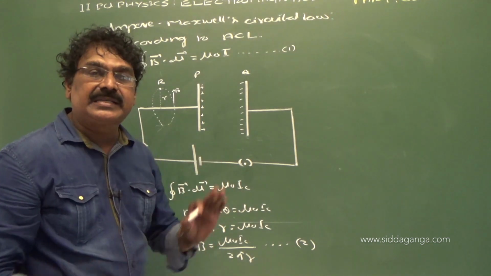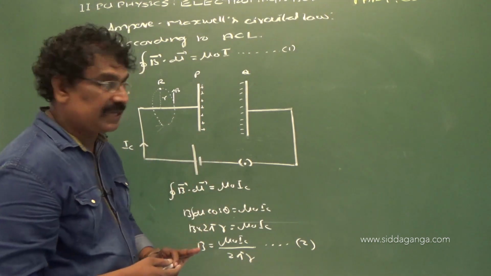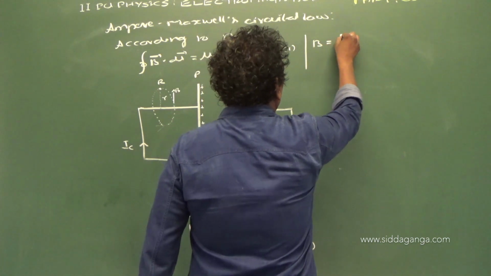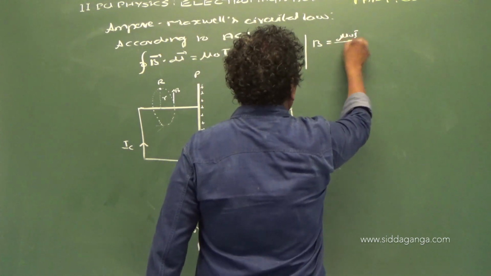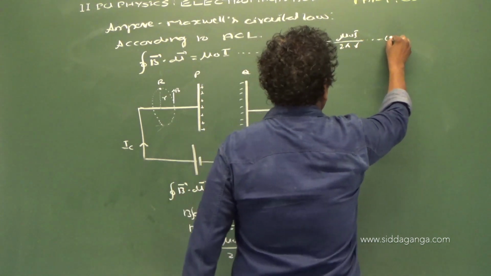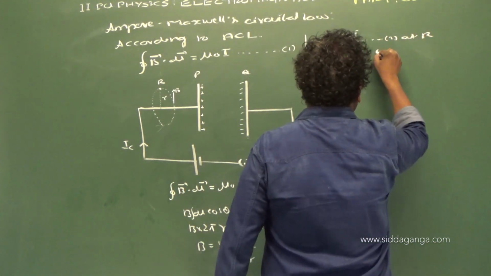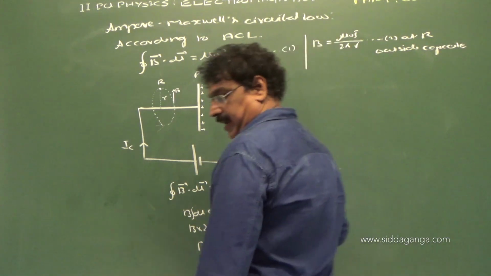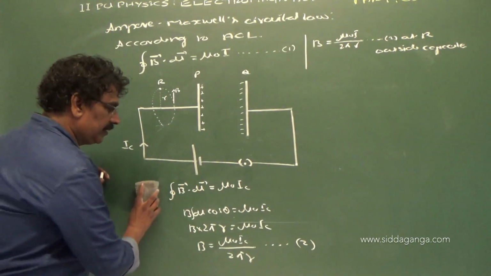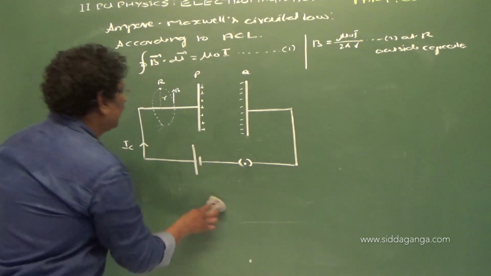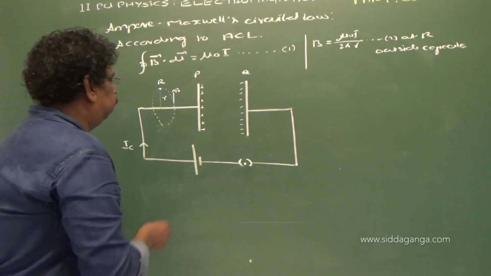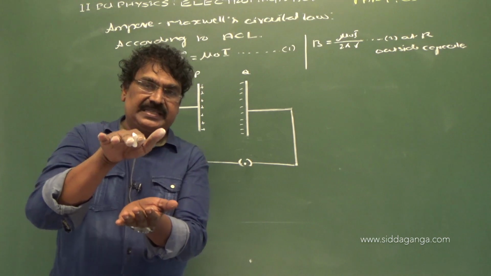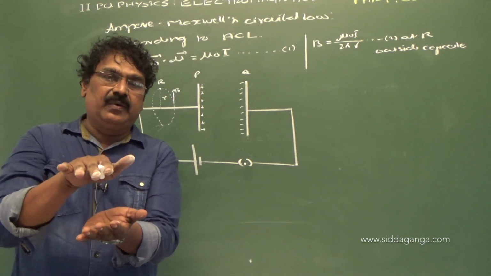Now let us take the second part of it. That B is equal to mu naught I by 2 pi R, equation 2, at point R outside the capacitor. Now consider a tiffin box shaped surface, without a lid.